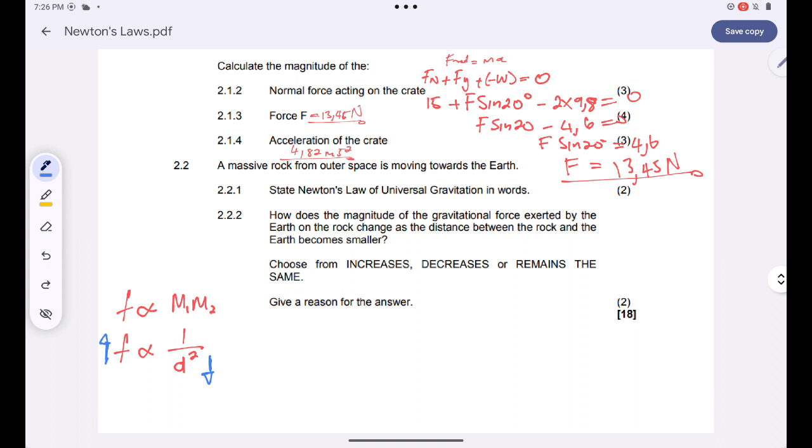Because the distance apart and the force are inversely proportional. If you change one of them, the other will change oppositely. So by decreasing the distance apart, you are increasing the value of the force. You can write this, guys, as your reason.